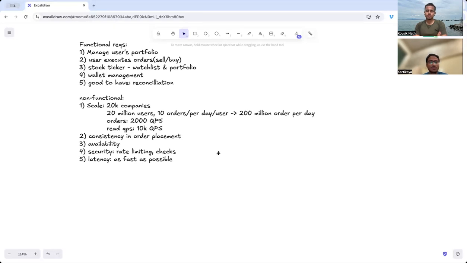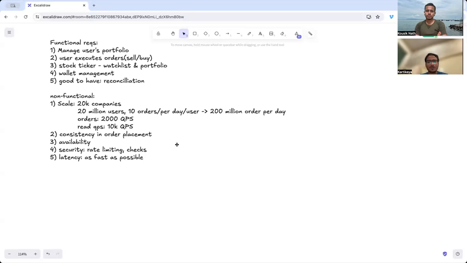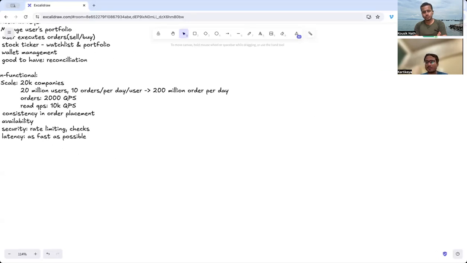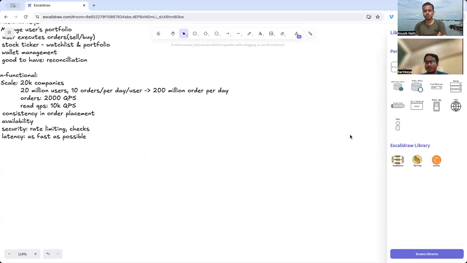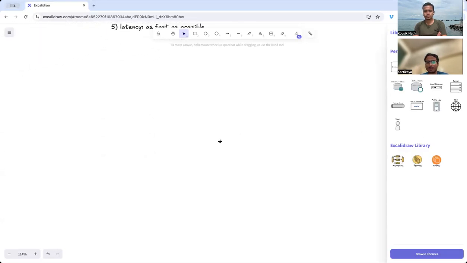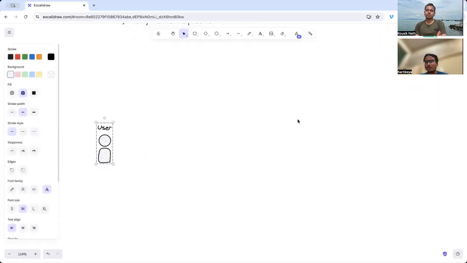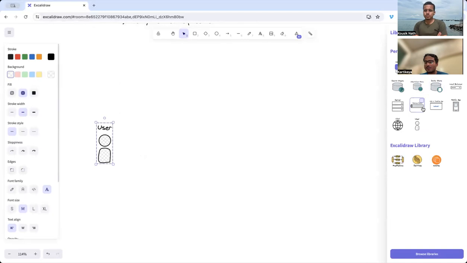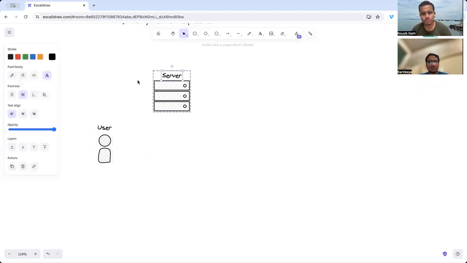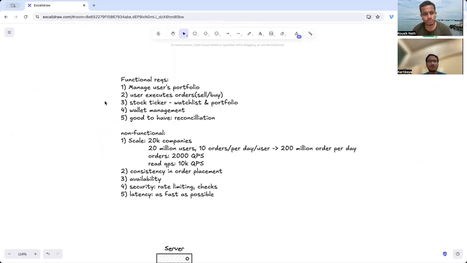So we have talked about these things. Let's talk about a high level design. So we have a user, and this user connects to, let's say, some service. The requirement that we have is basically that we need to manage the user's portfolio.